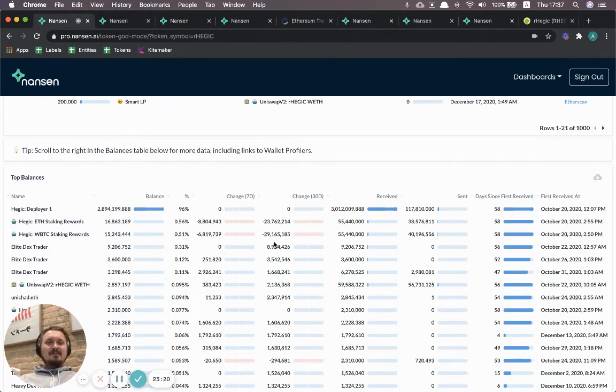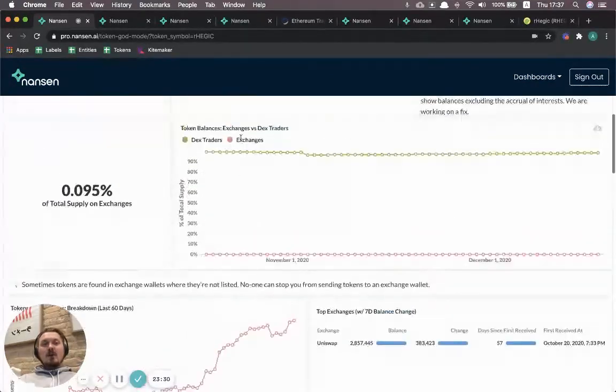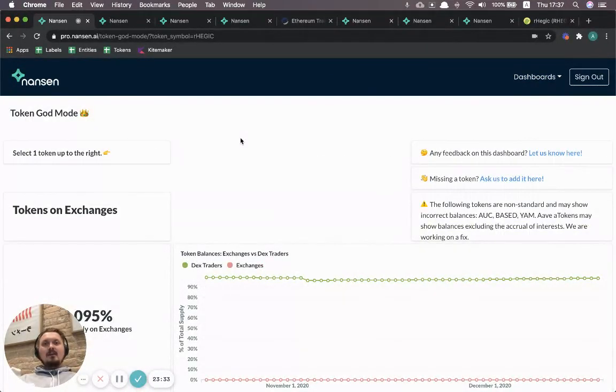So this was maybe complicated to follow, but hopefully you got some ideas on how you can use Nansen to explore basically any on-chain project, exploring the token movements and the actions of liquidity providers and farmers in basically any ecosystem.